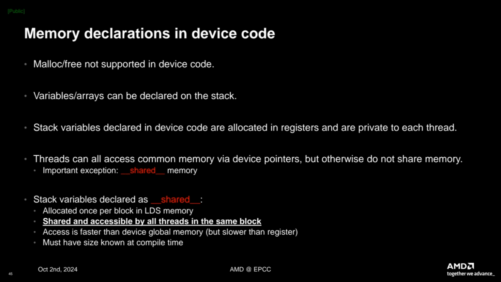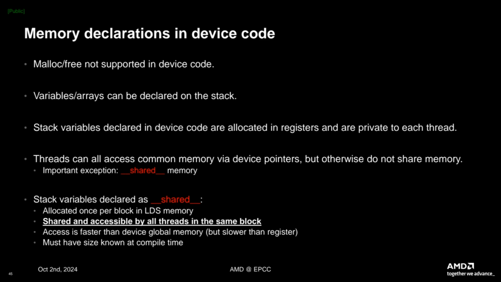Yeah, so let's just say something about memory declarations in device code. As a general rule, you should not be doing malloc within a kernel because that's going to slow down your execution. And stack variables that are declared in device code are allocated in registers and are private to each thread.